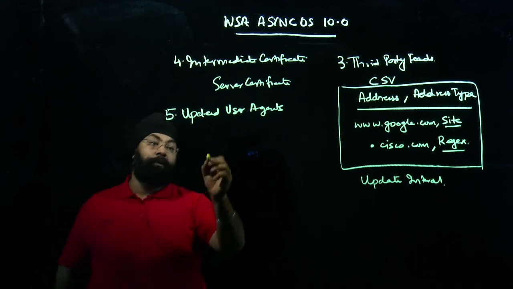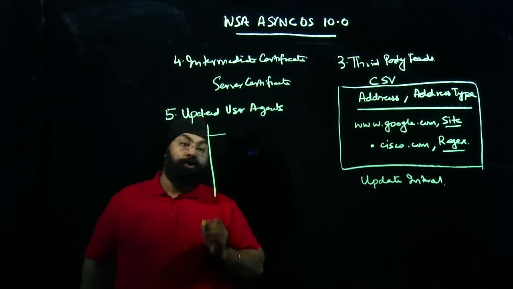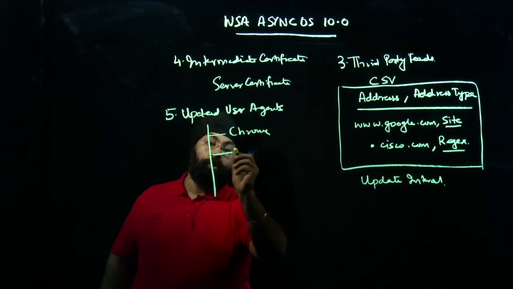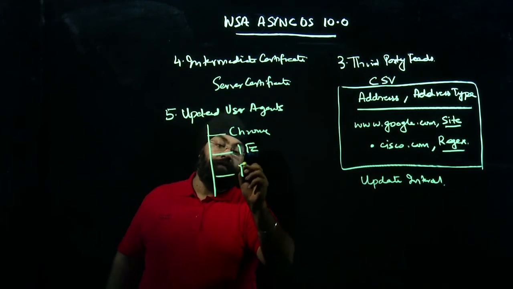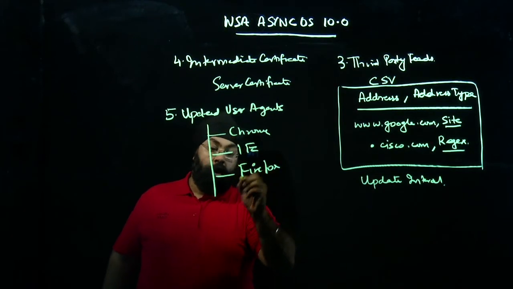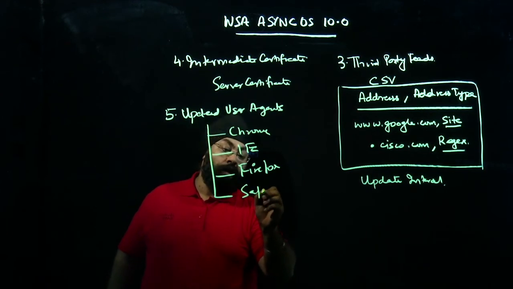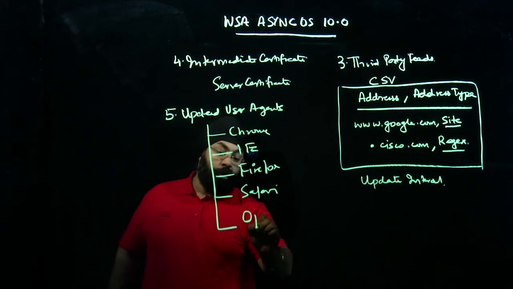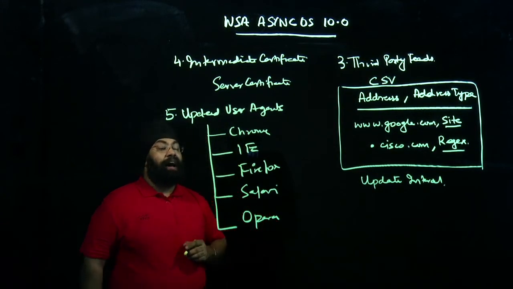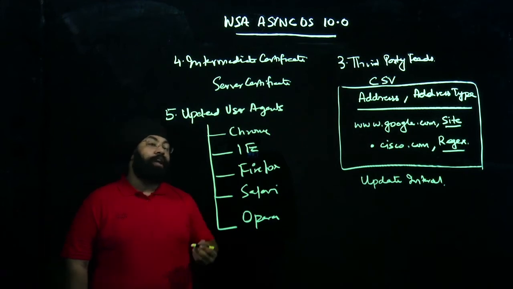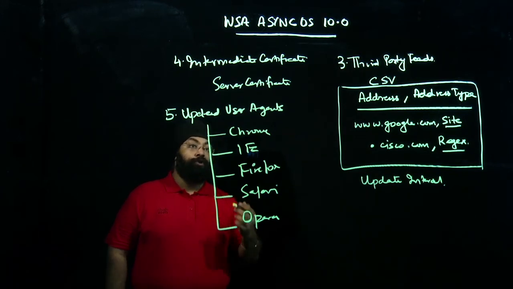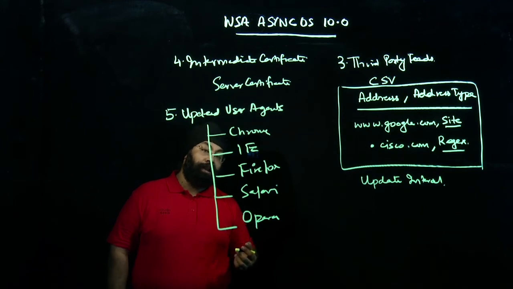So what we have done as an update to the user agents is cover the top 5 browsers: Chrome, IE, Firefox, Safari, and Opera. All these browsers now have the latest versions, where you can create policies based on these user agents and map those policies to your access rules. So that's one of the beauties we have introduced in this updated user agent list.